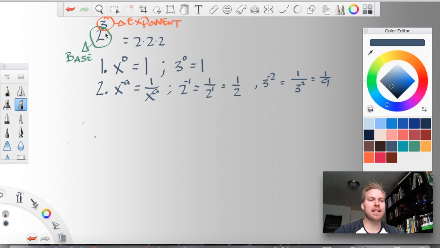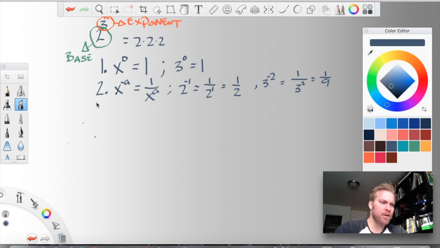So it should make sense that instead of telling us how many times to multiply 1 by our base, it's now telling us how many times to divide 1 by our base. And in this second example here, we see to divide 1 by 3 twice. And in this case, we see to divide 1 by 2 once, right? And so hopefully that makes some sense for you guys.